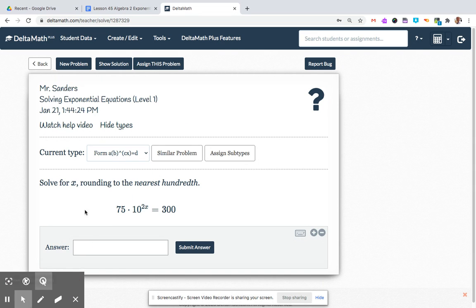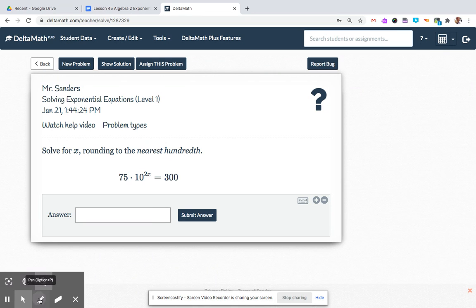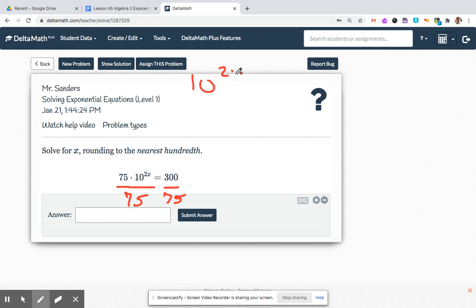So let's go ahead and hide type so I don't have that floating in front of me. All right, so of course, first thing we want to do is get our base by itself. So divide by 75, divide by 75. 300 divided by 75. 4. All right. So now I get 10 to the 2x equals 4.